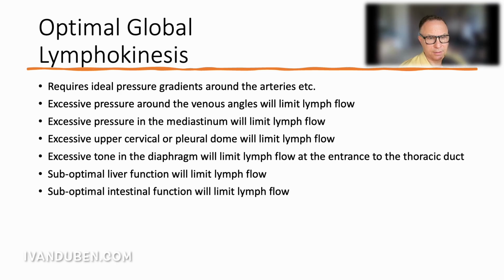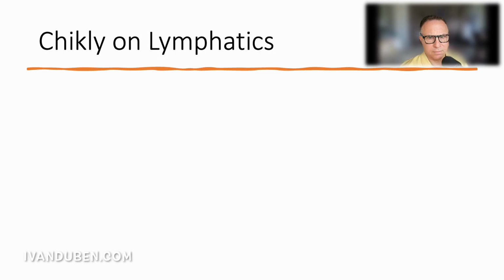We'll touch on that in following presentations. And obviously scars from surgeries can also limit lymph flow, especially if somebody's had cancer of a lymph node and they're removing lymph nodes in an area, then that's going to obviously affect the possibilities of lymphokinesis in the area.